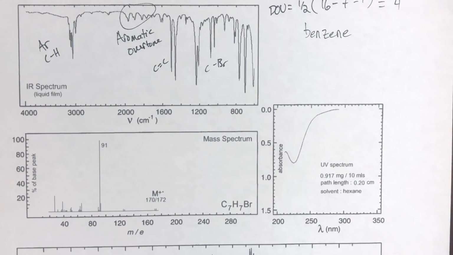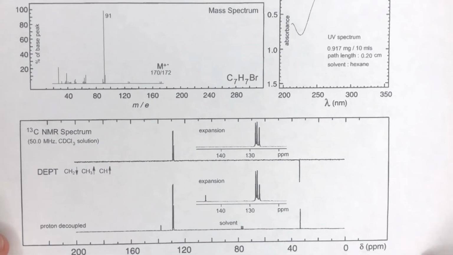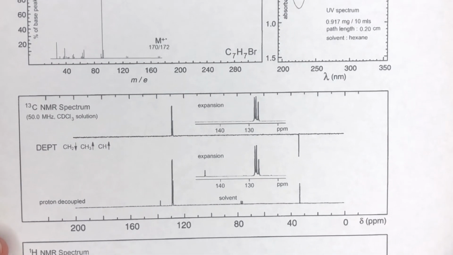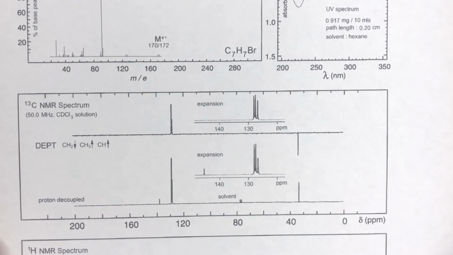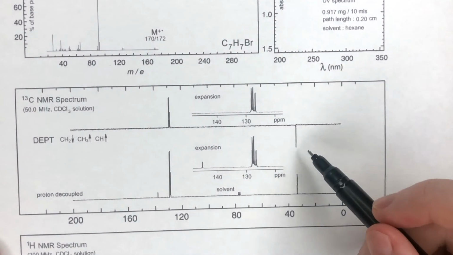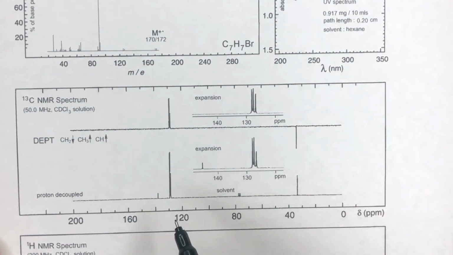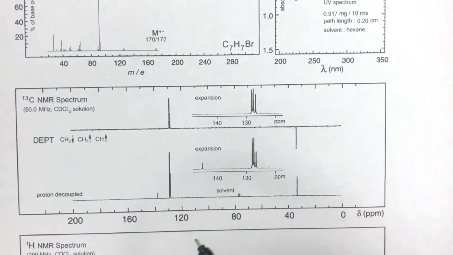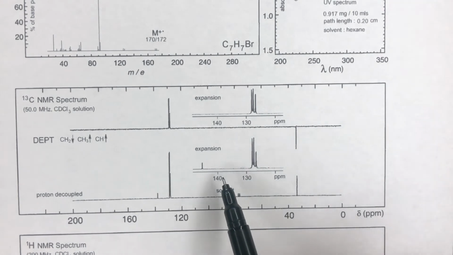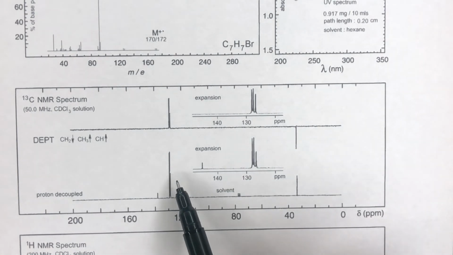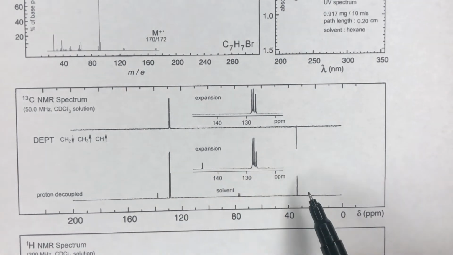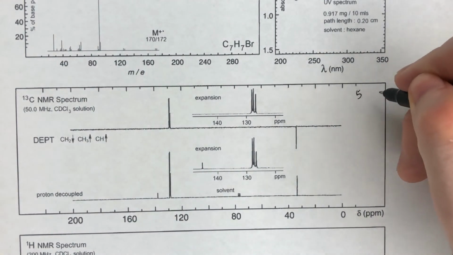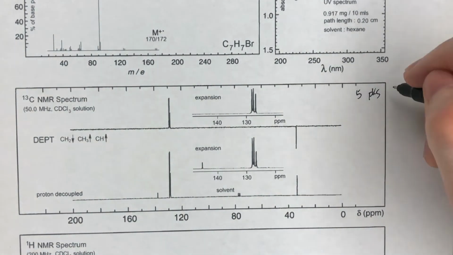So let's move on to the carbon NMR to see if we can get more specific. When we look at the carbon NMR, we see 1, 2, 3, 4, 5 peaks, right? Make sure I'm interpreting this right. Yeah, this is the expansion here. So 1, 2, 3, 4. Yeah, there's 4 in this region and then 1 here. So there's 5 peaks. So again, that suggests some symmetry.